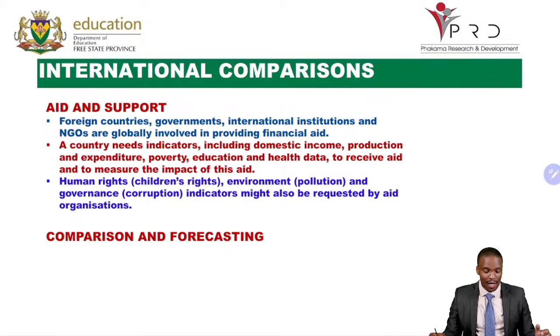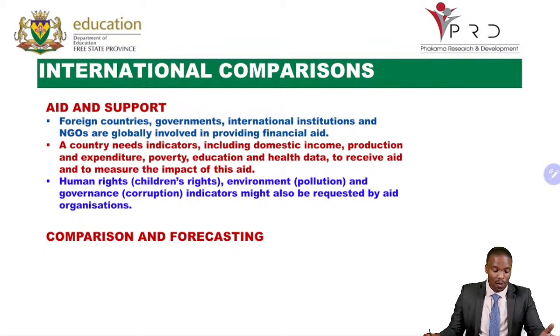We also look at human rights, the environment, as well as governance, where children should be protected, there should be less pollution, and there should be freedom from corruption. Indicators might also be required by this aiding organization.